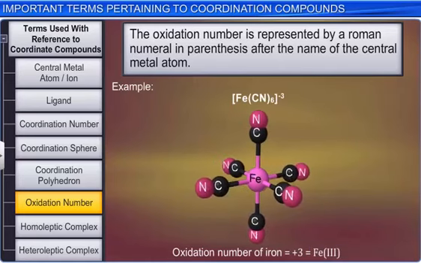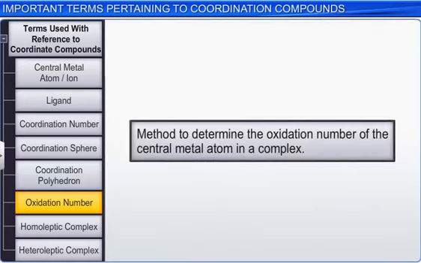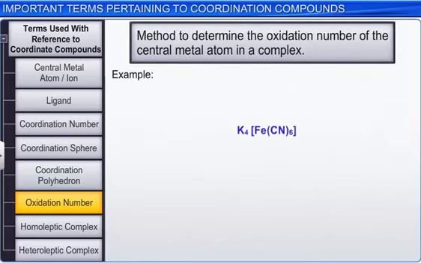Let us learn the method to determine the oxidation number of the central metal atom in a complex. Let's take K4[Fe(CN)6] as an example. As the complex has 4 monovalent cations outside the coordination sphere, the complex ion carries a charge of -4. That is, [Fe(CN)6]4-. Let's assume the oxidation number of the central metal atom as x.